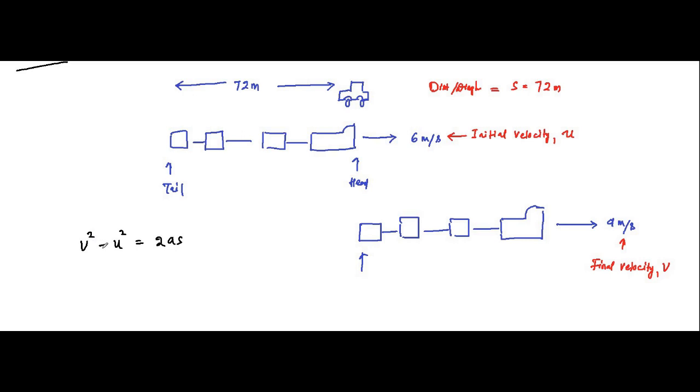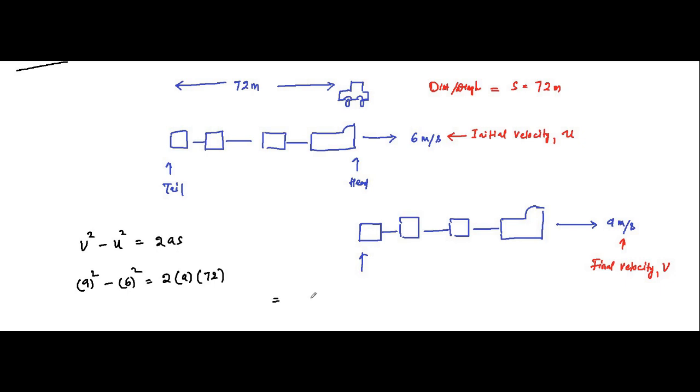Final velocity squared minus initial velocity squared is equal to 2as. Here final velocity is 9, so 9 square minus 6 square is equal to 2 into a, which we have to determine, s is 72 meters.